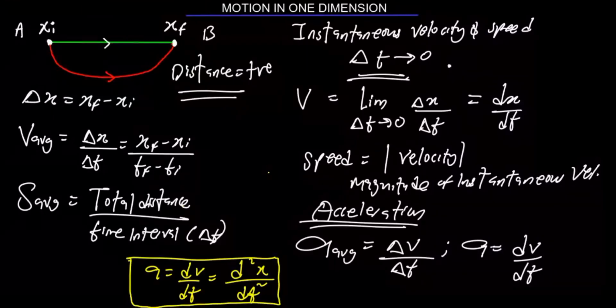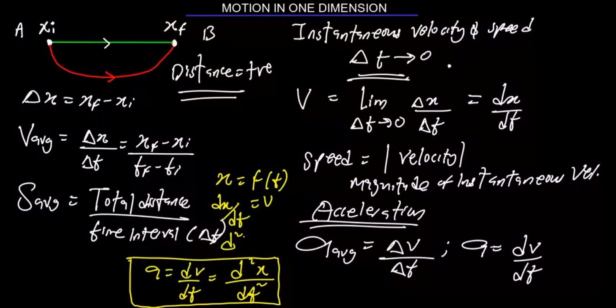It means that if they give me x as a function of t, and I find dx/dt, this will give me velocity. And if I differentiate again, that's d square x over dt square, I'll have acceleration. So take note, the first derivative gives velocity, the second derivative gives acceleration.